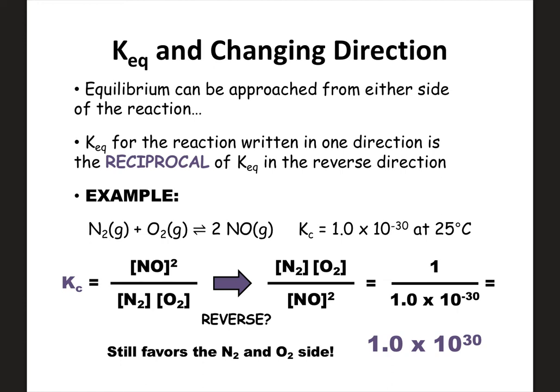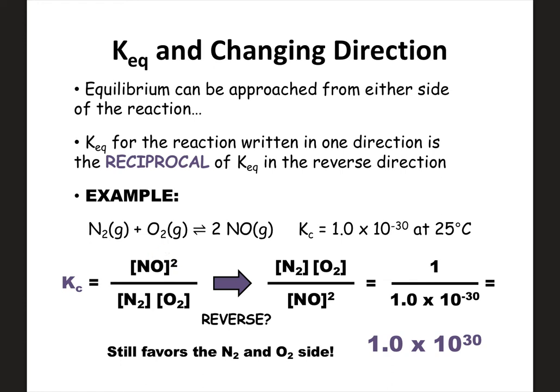So let's look at an example. We have this example here, N2 plus O2 forming 2NO, and I have my equilibrium constant for the forward reaction here. All right, so it's 1.0 times 10 to the minus 30. I wrote my Kc here for the forward reaction, products over reactants. They're all gases. Pay attention to the coefficients here for the exponents.